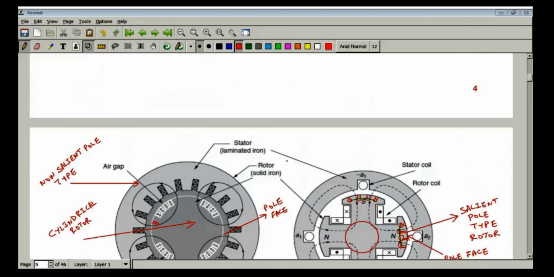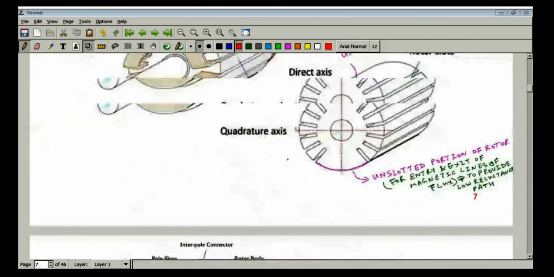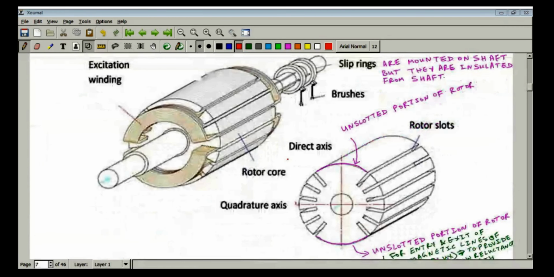Now let me put up some arguments regarding why the field winding is placed on the rotor and the armature winding on the stator. This is an important question which you may not encounter in the exam directly, but it is an important piece of question.